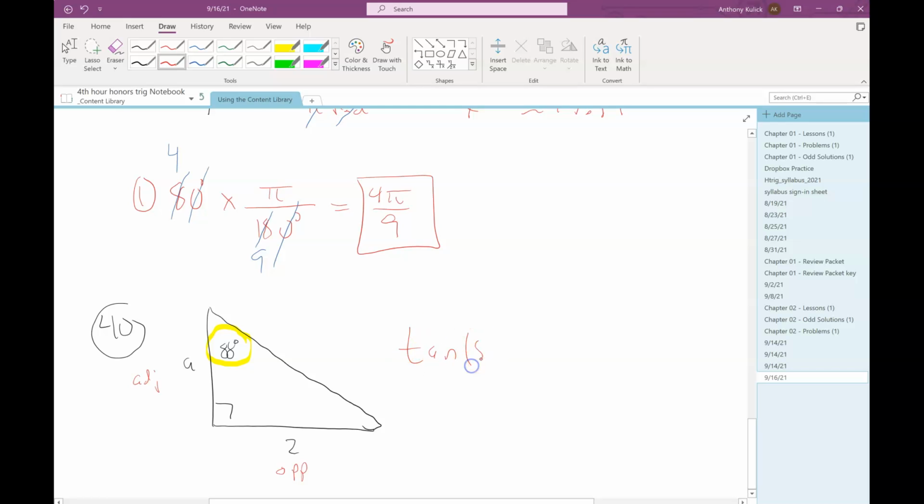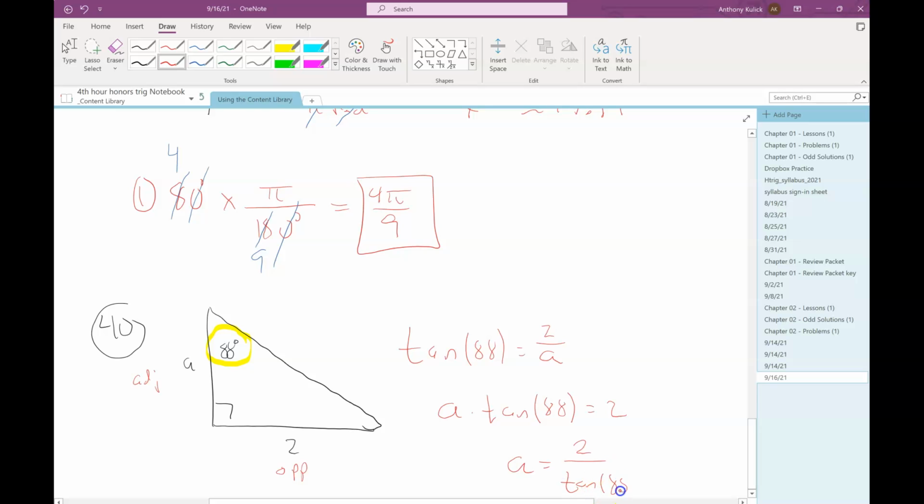So I'm going to say tan of 88 equals opposite over adjacent. To solve for a, I'll multiply both sides by a to get it out of the fraction. Remember that tan 88 is just a decimal, so I'm going to treat it like a number. And then I can divide both sides by tan 88.